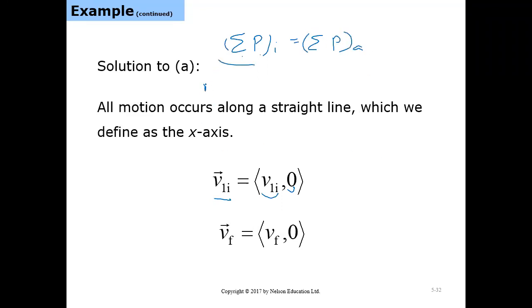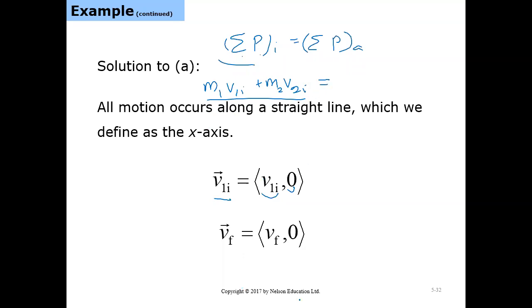So M1 multiplied by V1I is the momentum of M1. What is the momentum of M2? M2 multiplied by V2I. So this is the total momentum before it collides.